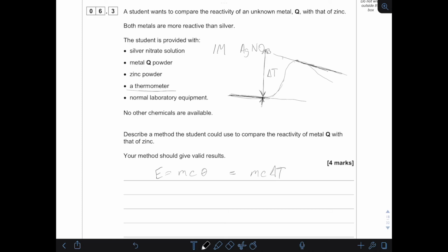And any fair try at describing a calorimetry experiment would give you a few marks at least.